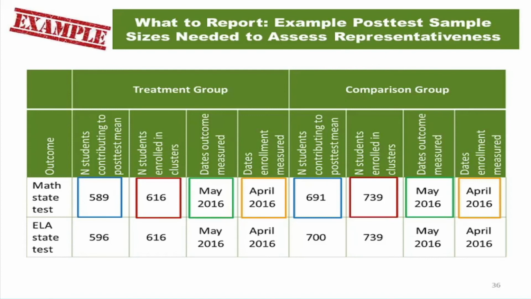Like attrition, it's calculated for the full sample overall, and the difference in the treatment and comparison rates is calculated as the differential rate. So the overall and differential non-response rates are compared to the WWC's attrition thresholds to determine if the representativeness standard is met or not. And so that is everything that you need to include in a report for a WWC review.